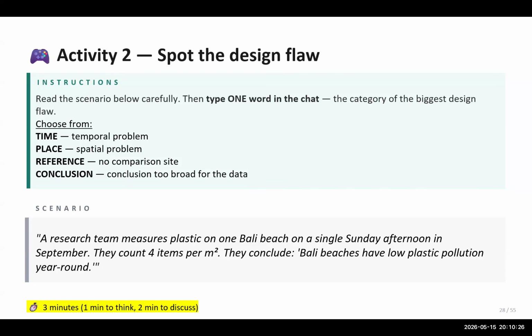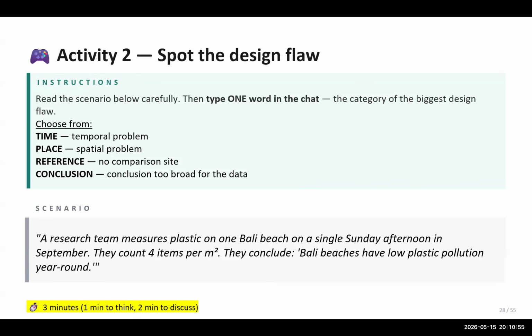And September also is the dry season, maybe very different from the rainy season. So the conclusion is too broad. It says pollution is all year. But with this time scale, where we measured only one day, one month, we cannot say the pollution happens all year around. So we have a time problem.